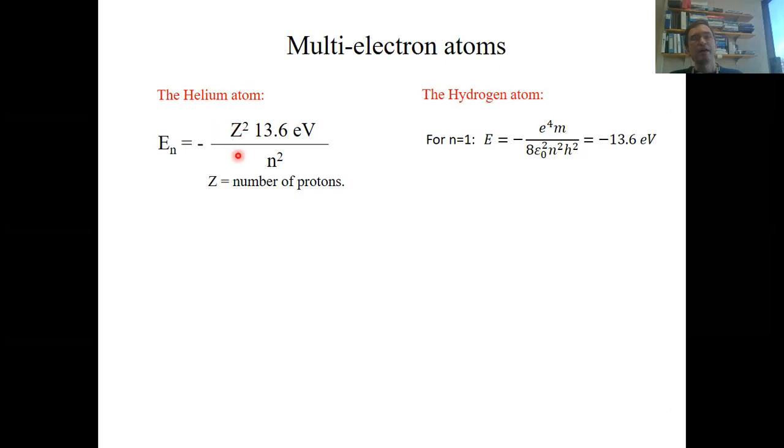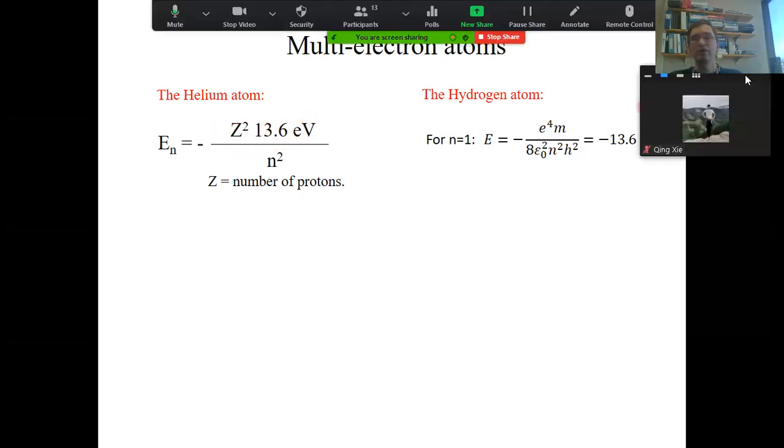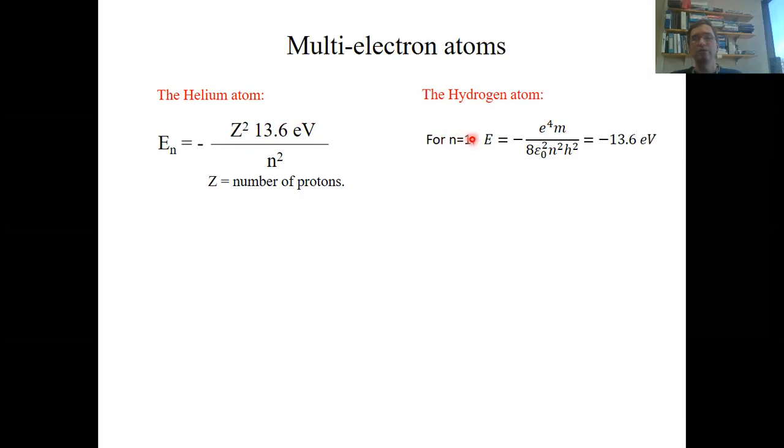Okay, so now this factor 13.6 electron volts is there because when we insert n equal to 1, all these constants multiplied together give minus 13.6 electron volts.